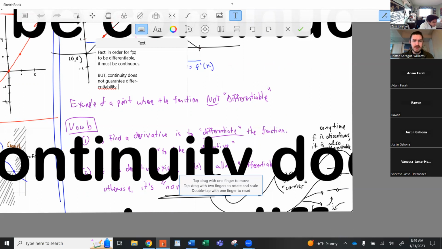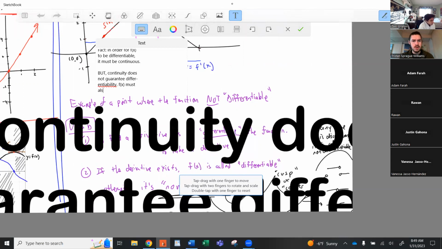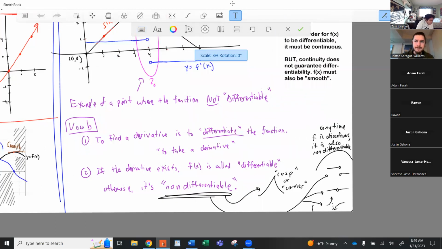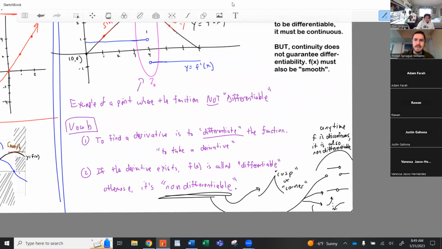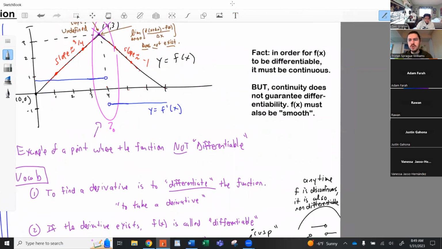f of x must also be what's called smooth. And smooth just means it's a nice curve. It doesn't have a sharp point or a corner.